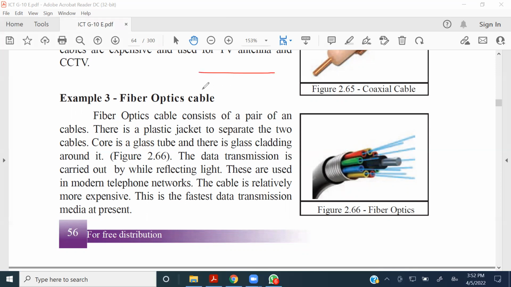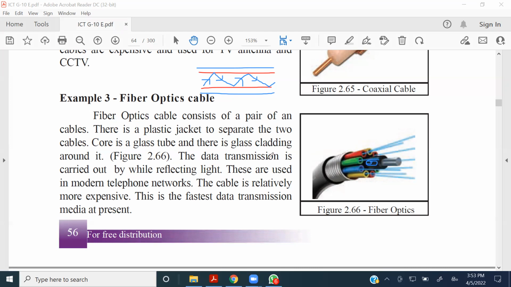If this is the glass tube, the light is traveling in this particular manner inside the glass tube. And the glass tube has a very thick cord to protect it, as you can see right over here.